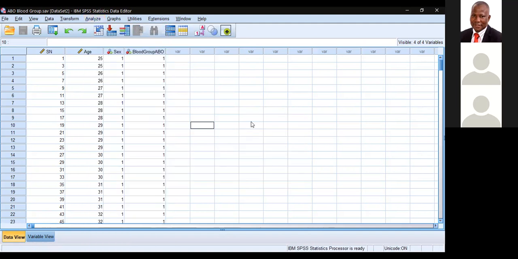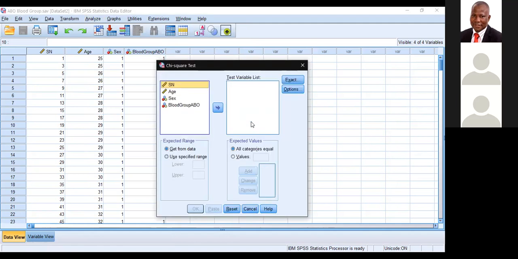You know chi-square is a non-parametric test. So now you move the blood group into that test variable list. You will see, if you come here, all categories equal.